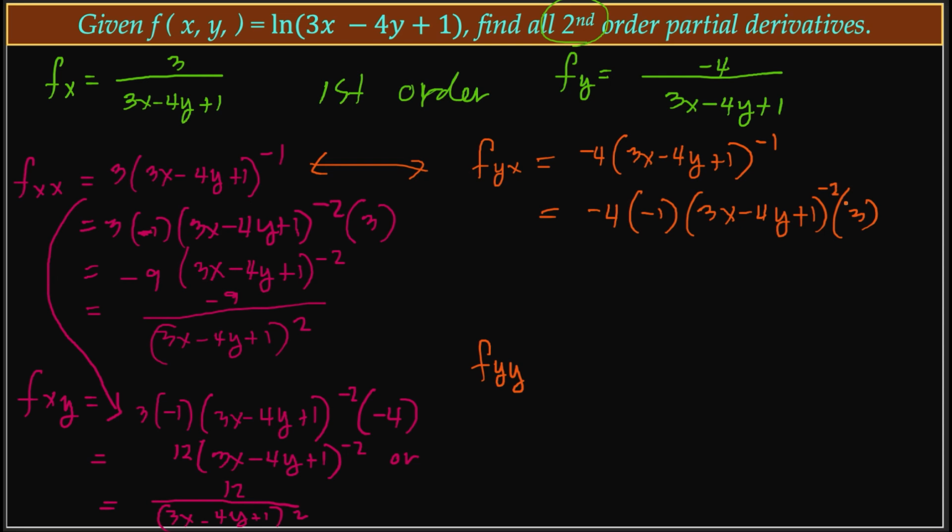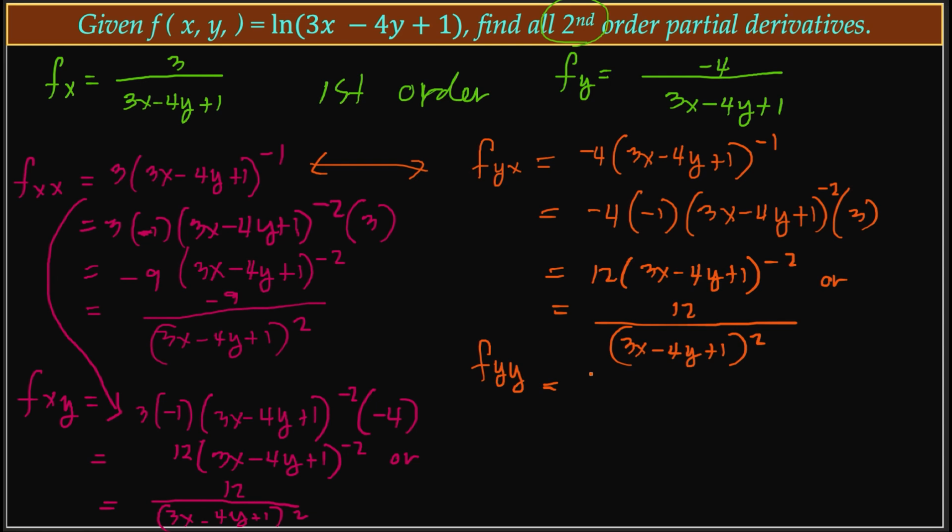I'm sorry, we have here an exponent of negative 2 because negative 1 minus 1 is negative 2. Okay, times 3. So this will be equivalent to 12 times 3x minus 4y plus 1 raised to negative 2. Or, if you rewrite that one in exponential form, this will become 12 over 3x minus 4y plus 1 raised to 2.